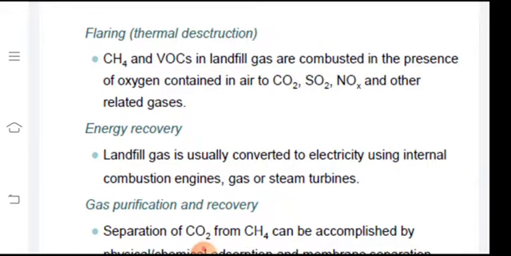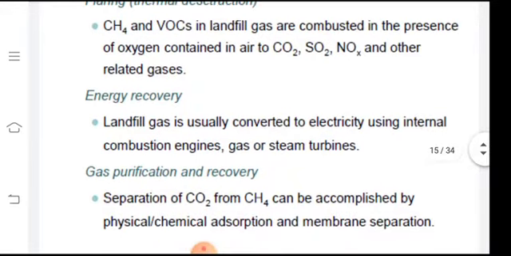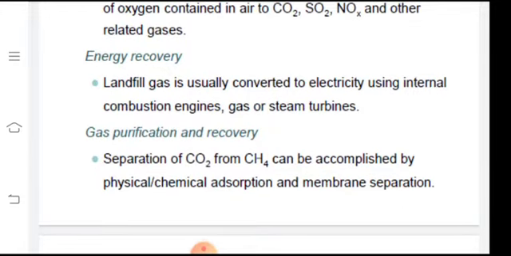The second option is to use the gases produced in the landfill by an energy recovery process. This energy recovery process is actually the utilization of methane gas as a biogas, running turbines, and then generating electricity from this biogas. And then gas purification is required because biogas is impure, and we need to purify it.